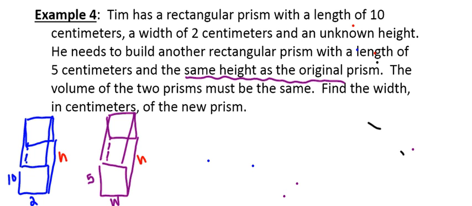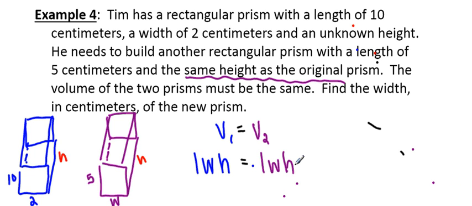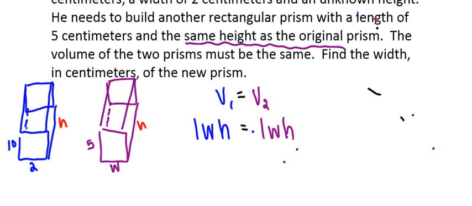We want the volume of the original blue prism to be the exact same volume as the new purple prism. So in other words, when I multiply length times width times height of the old blue prism, I need that to be the same as length times width times height of my new purple prism.